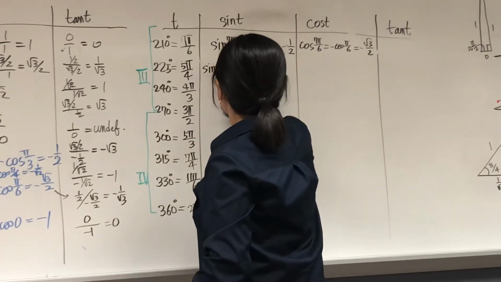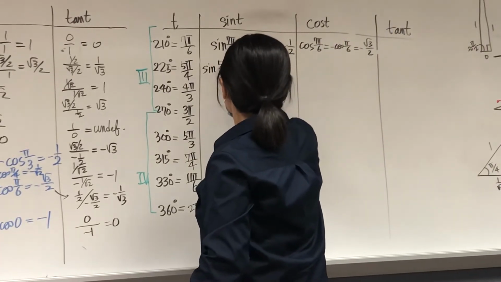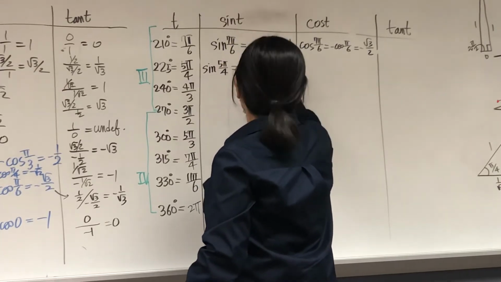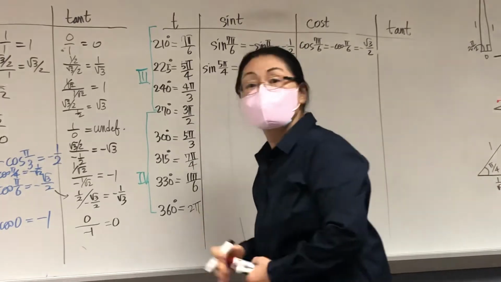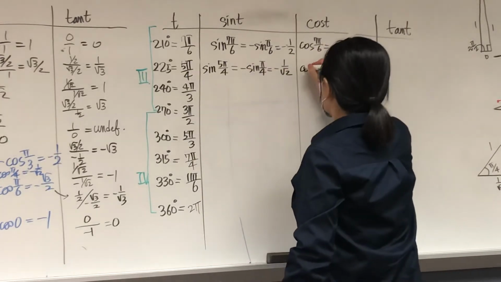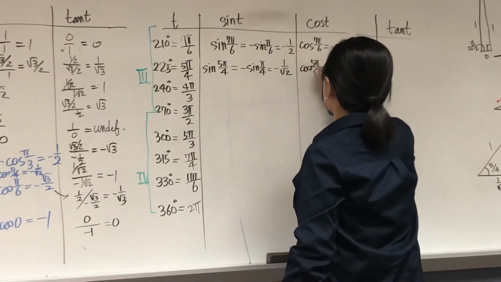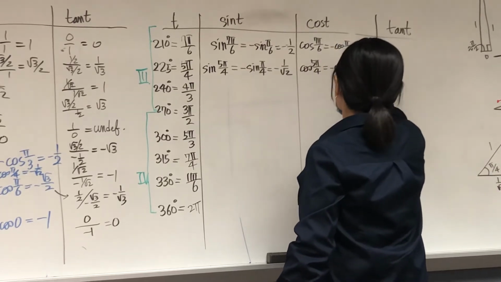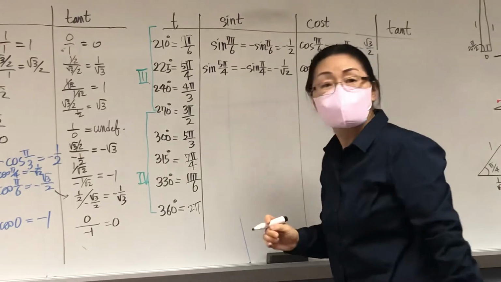Sine 5 pi over 4 is equal to negative sine pi over 4, negative 1 over square root 2. Cosine 5 pi over 4, negative cosine pi over 4, negative 1 over square root 2. Am I right? Good.